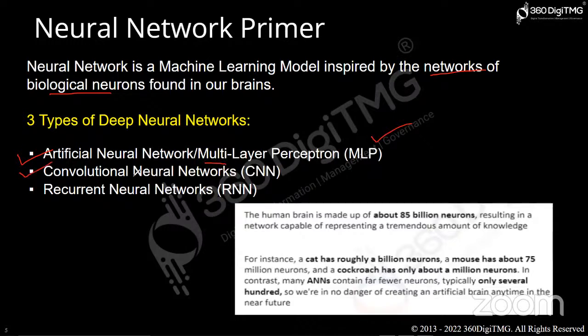We also have the convolutional neural network, which is majorly used for image processing. Then we have recurrent neural networks. They are used for many things. They can be used for time series and various others.